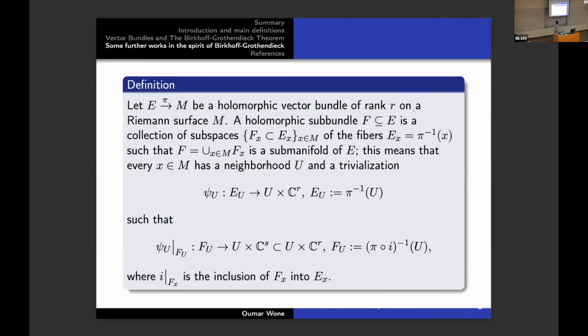A subbundle F of E is a collection of vector spaces F_x of the fibers E_x, such that F is a submanifold of E. And this means that we have these technical conditions.